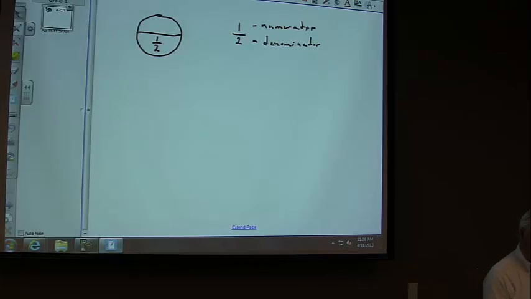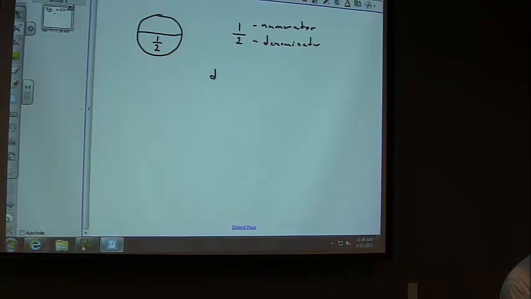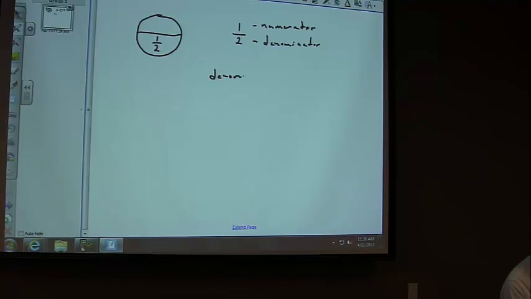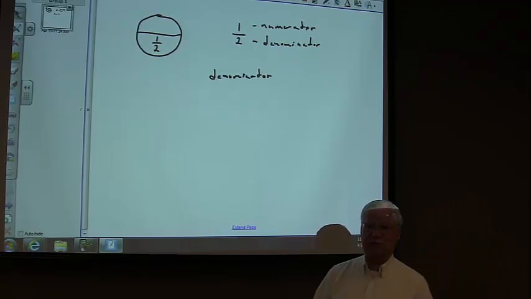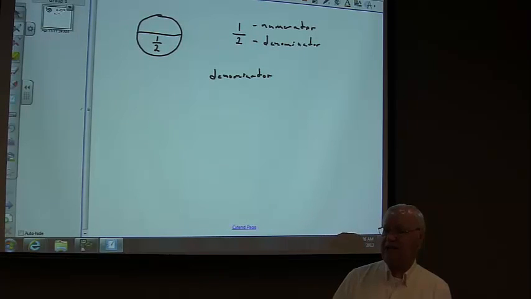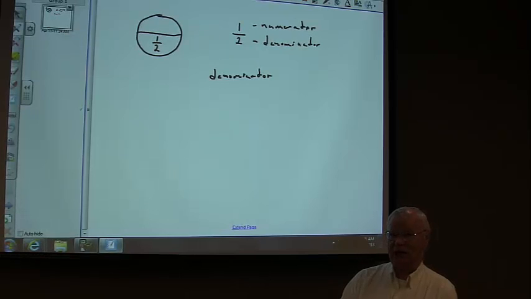Well, the word denominator comes from the same root as denomination. And when we talk about denominations, we often talk about money. For instance, if I were to talk about denominations of coins, we would talk about pennies, nickels, dimes, quarters, 50-cent pieces, and maybe silver dollars.